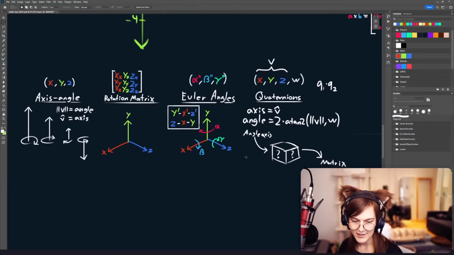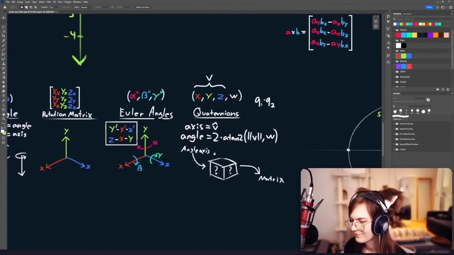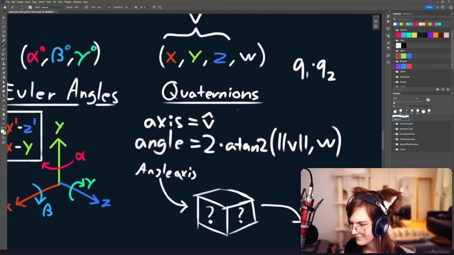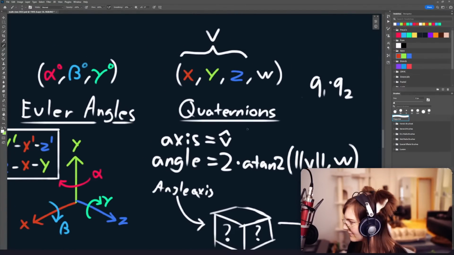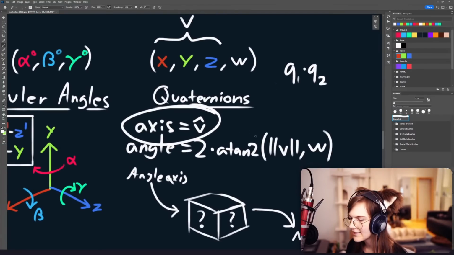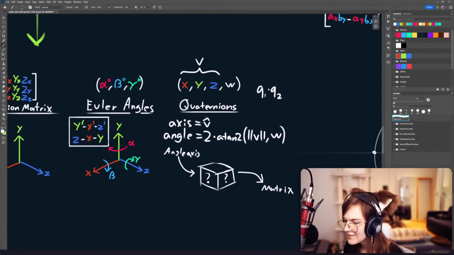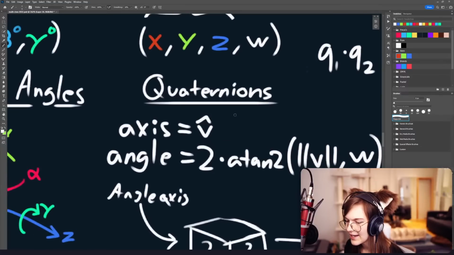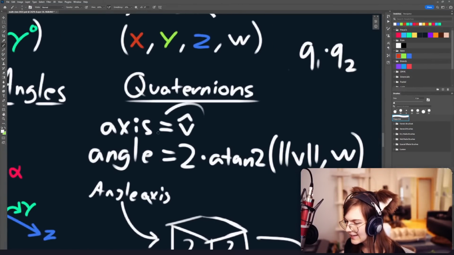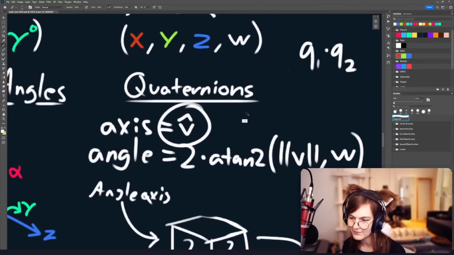Are there any edge cases that will screw you over, or is it just like multiply them together and trust the process? Generally, you'll be safe if you use the built-in functions for quaternions. There are some edge cases, for example, if you want to recover the axis from a quaternion, it's possible to have a quaternion where the axis has 0 length, and you can't normalize vectors that have 0 length, right?